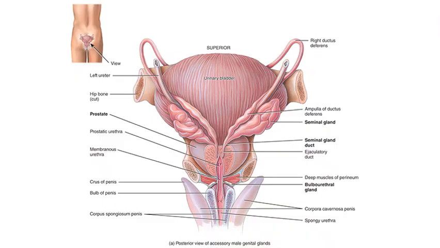It has citric acid, which is for ATP production. It has proteolytic enzymes, which help break down clotting proteins from the seminal glands. It has some other things whose function isn't known, like acid phosphatase. They don't know why it's there, but it's there.